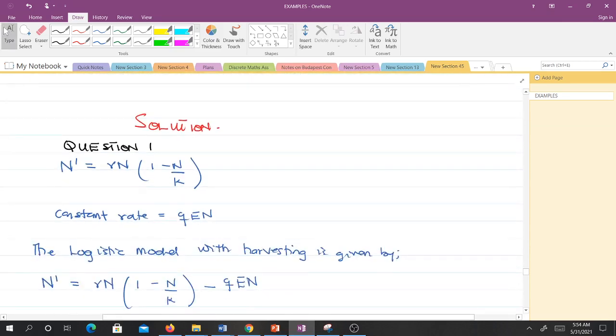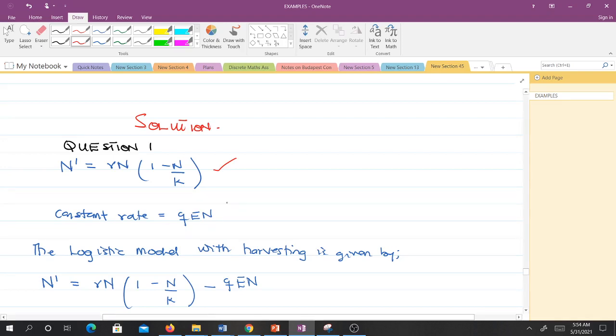So question 1, this is the logistic law which was given, okay, and the fish are being fished at a constant rate of QEN, right?